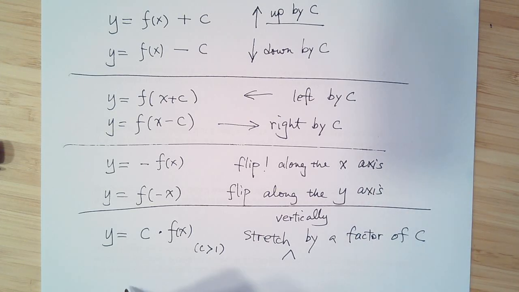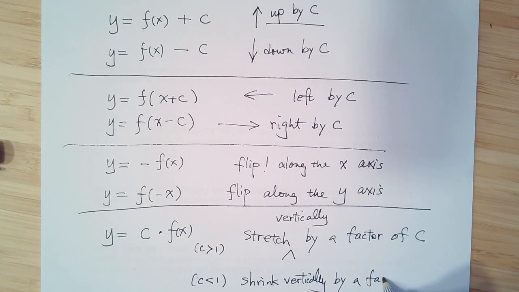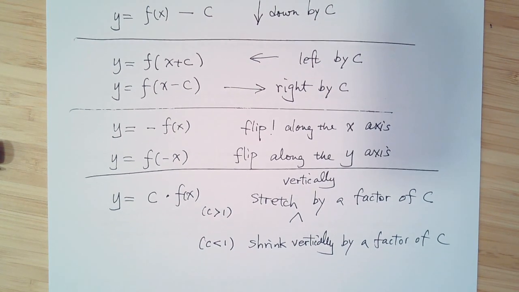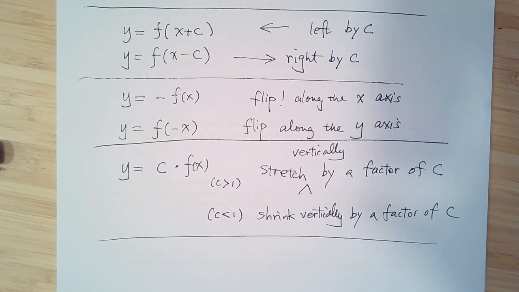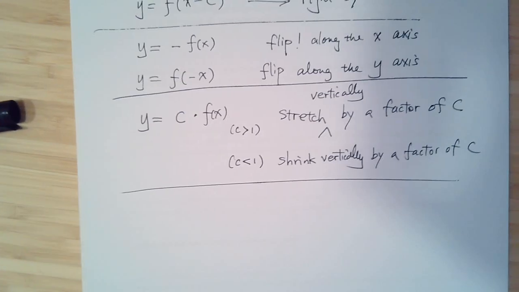But if c is less than 1, like 1/2, we're going to shrink vertically by a factor of c. So c is like 1/2. One more. It is too much.